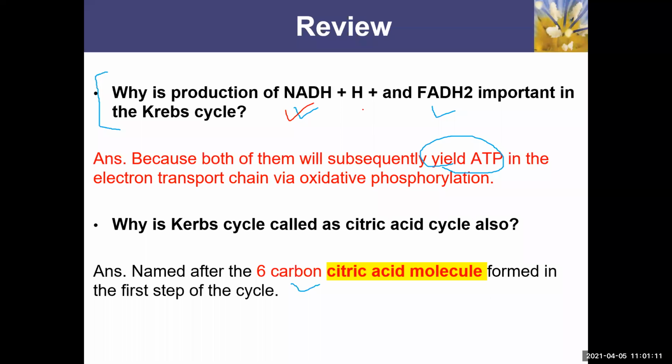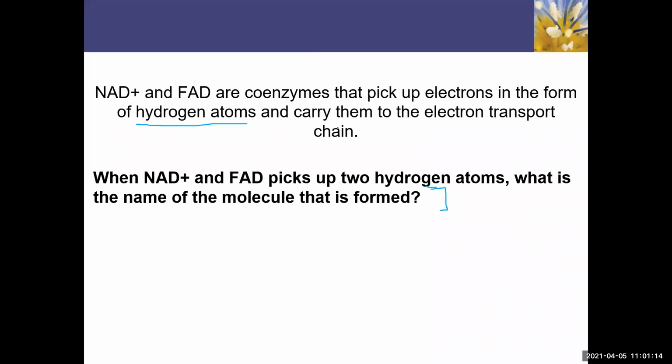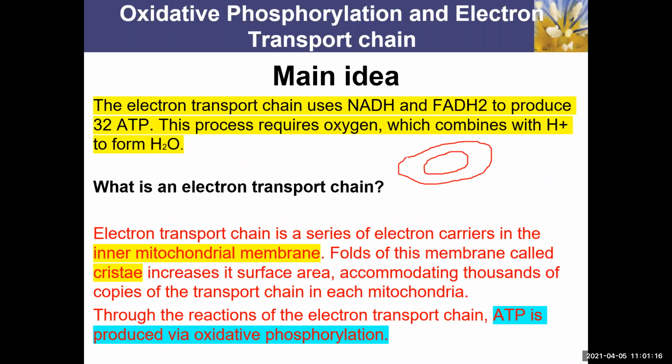So one by one, we'll go to that in detail, but I'm just telling you the main idea first. Now, you might be wondering, she said that the NADH and the FADH2 will enter into the electron transport chain. You might be having a question, what is an electron transport chain?